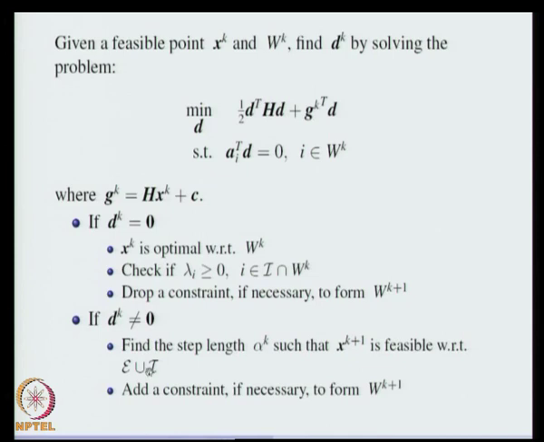So, remember that every point that we generate in this algorithm has to be feasible with respect to all the constraints, and this is very important. And by moving to xk plus 1, if we have identified a new inequality constraint which has become active, then we need to add that constraint to the set wk plus 1. So, these ideas will be more clear when we see some examples.